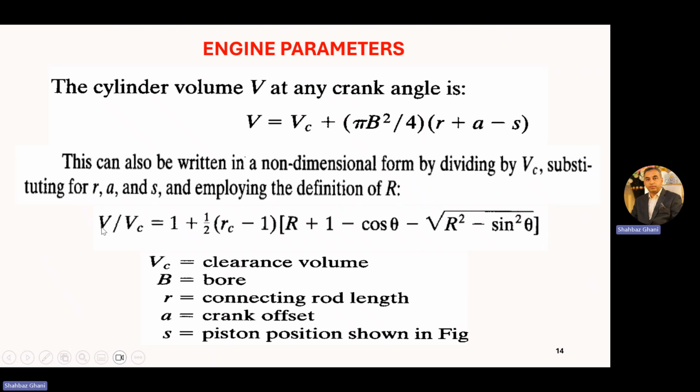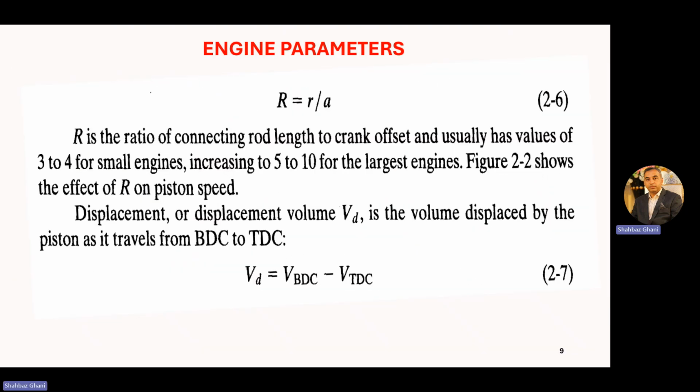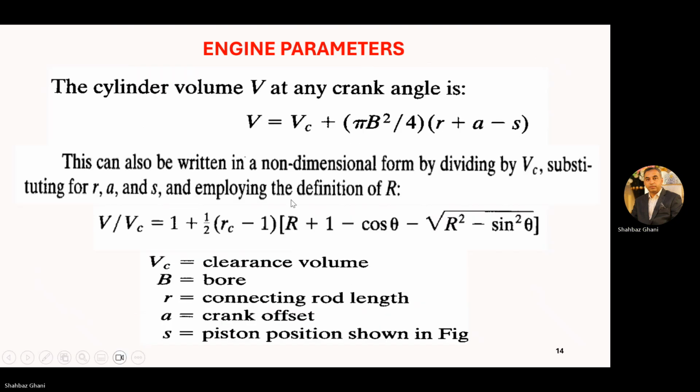We can put volume at that instant divided by the clearance volume is equal to 1 plus 1 by 2 (RC minus 1), where RC is the compression ratio, and R is the ratio of the connecting rod to the crank offset, plus 1 minus cos theta minus under square root R square minus sine square theta, where VC is the clearance volume, B is your bore, R is the connecting rod, A is the crank offset, S is the piston position at that location.